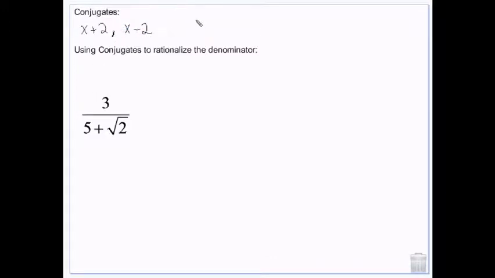Or if I have 3 plus the square root of 2, the conjugate of this would be 3 minus the square root of 2. So they look the same, except one's a plus and one's a minus. So we have to use conjugates sometimes. Here's the nice thing about conjugates. Let's say I take these two conjugates here.